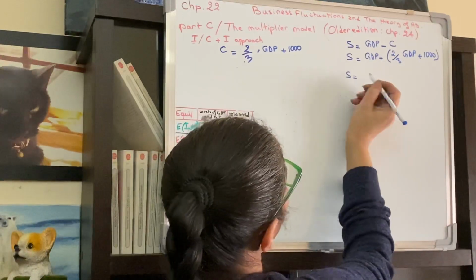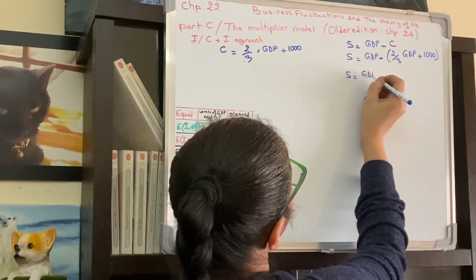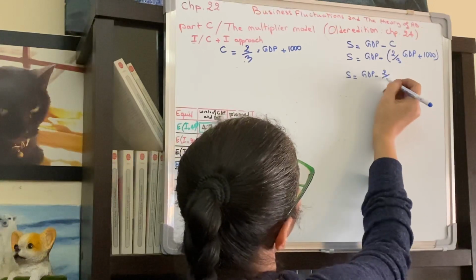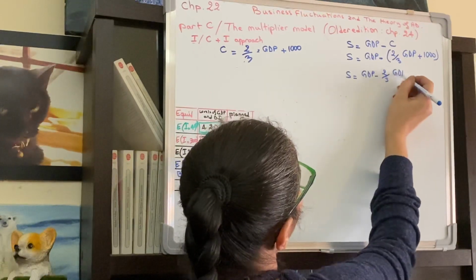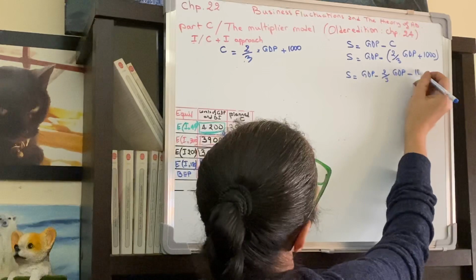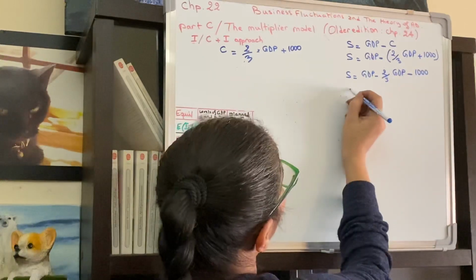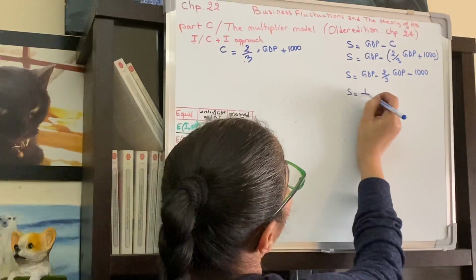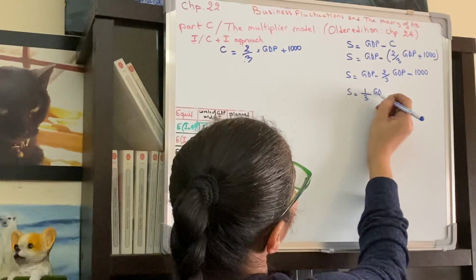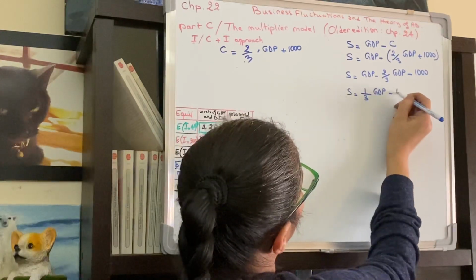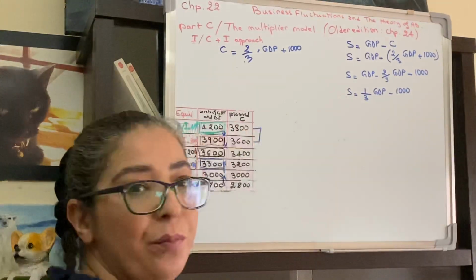So S is equal to GDP minus 2 over 3 GDP minus 1000. Okay? So S is equal to 1 over 3 GDP minus 1000.